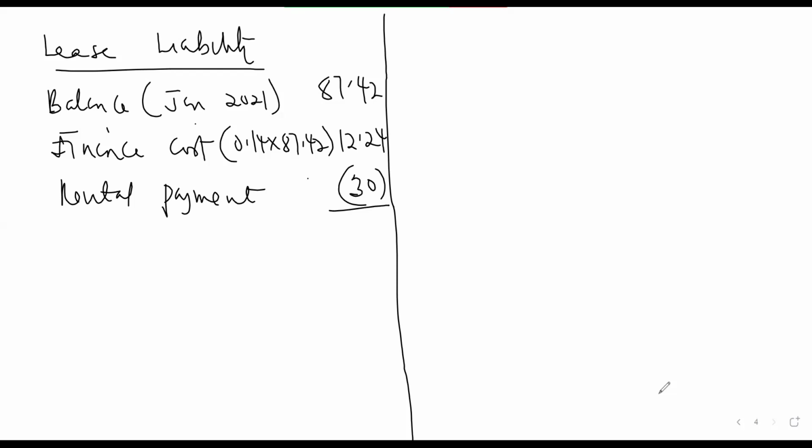69.66. Okay, I will use this opportunity to show you how you can separate the lease into the current liability and non-current liability. At the end of every year, we are paying 30 million, isn't it? This 30 million consists of principal payments and interest payments.